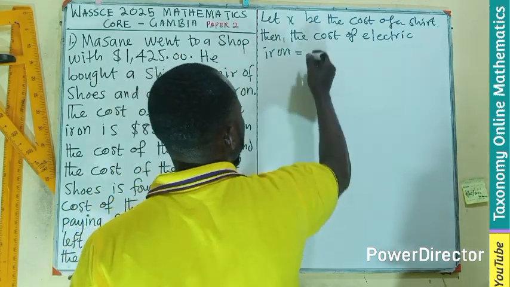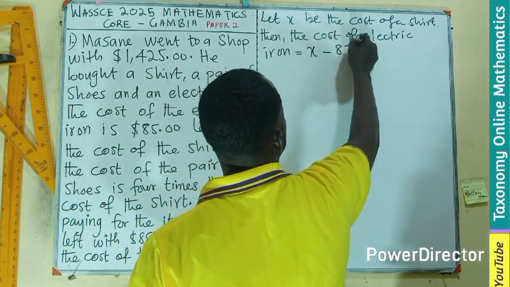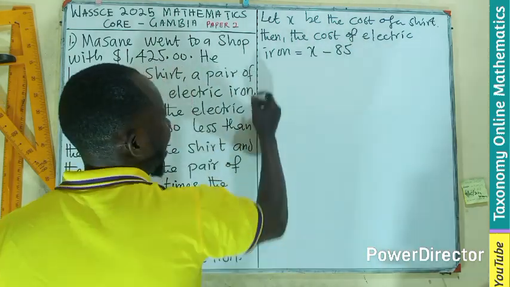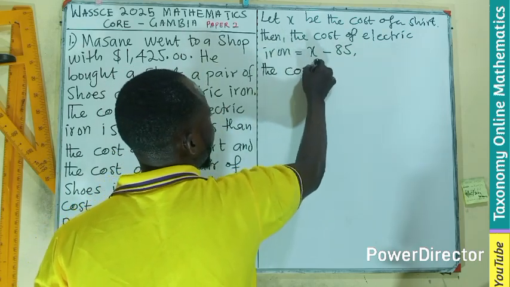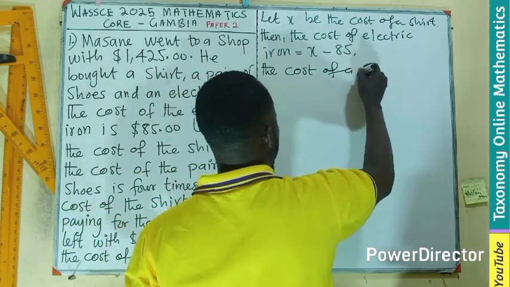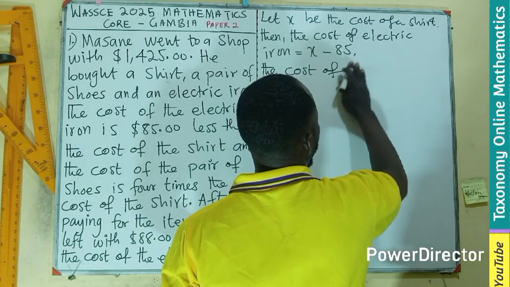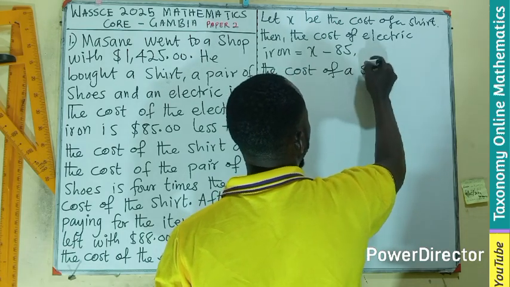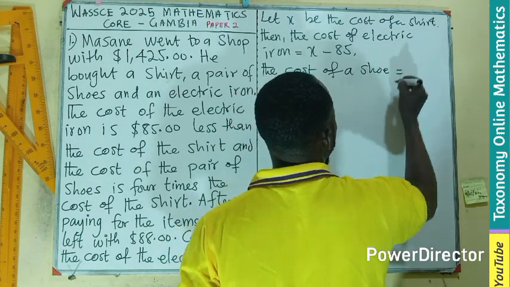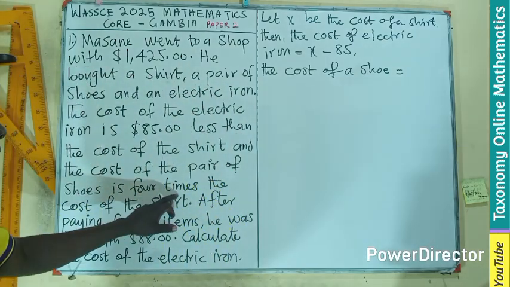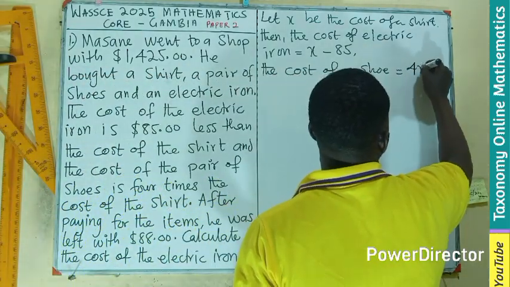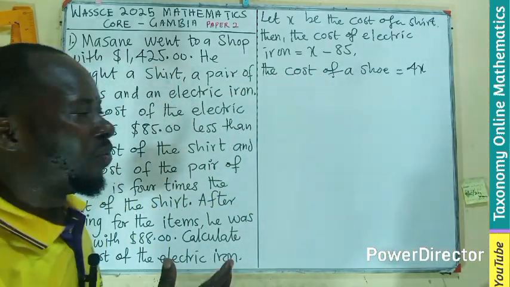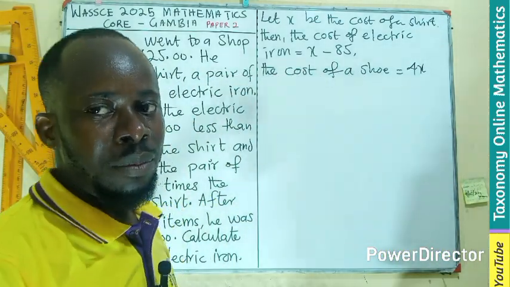So that means X minus what? $85. Then the cost of a shoe is also going to be 4 times the cost of a shirt, meaning 4 times what? X. So these are the individual costs of the items he bought.